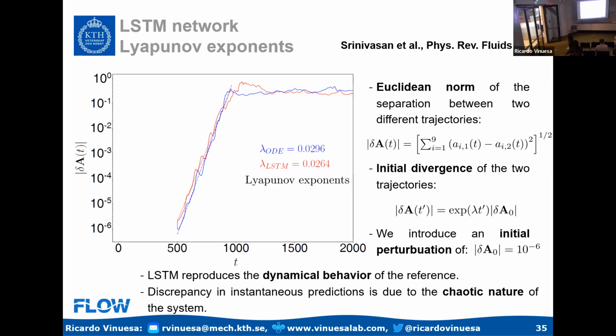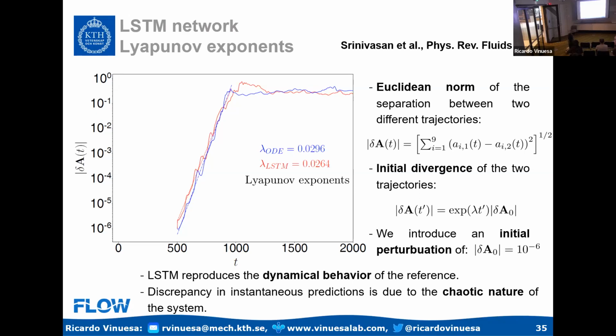So this gives me an idea of how quickly I'm deviating with respect to the original trajectory. And what we see is that perturbing the original system with an error level similar to that of the neural network, the deviation in the original system with respect to the original trajectory is basically the same as the error that I make with my neural network.